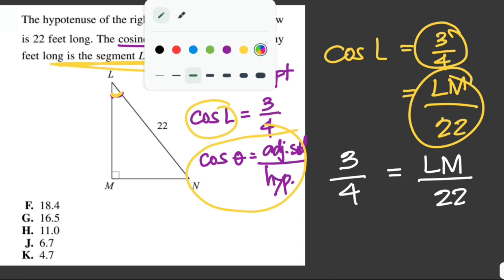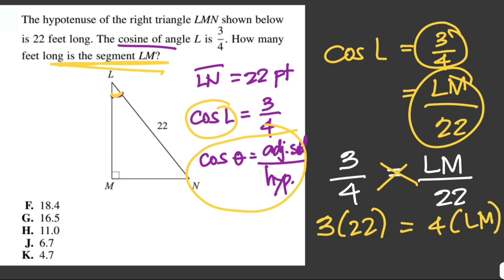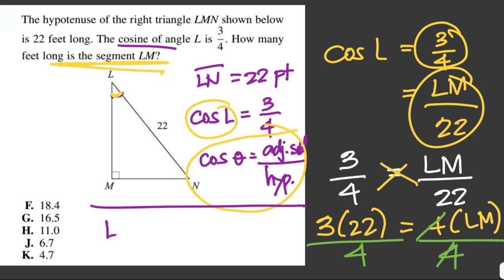Now we can solve for the value of LM. We cross multiply, so we have 3 times 22 equals 4 times LM. Then we divide both sides by 4, so the 4 cancels out here. Then we have LM equals 3 times 22 over 4, which is equal to 66/4.